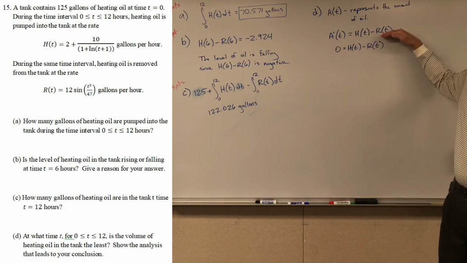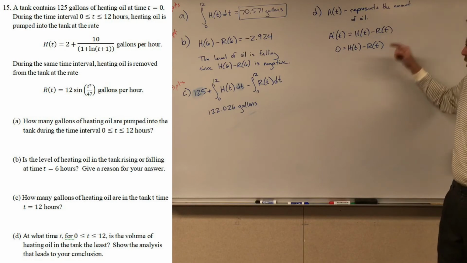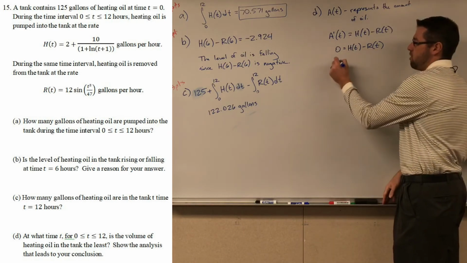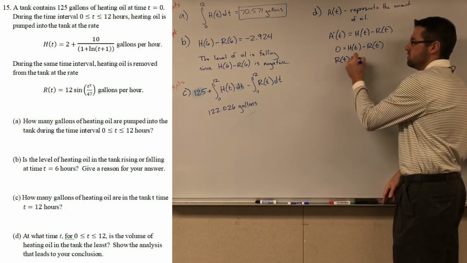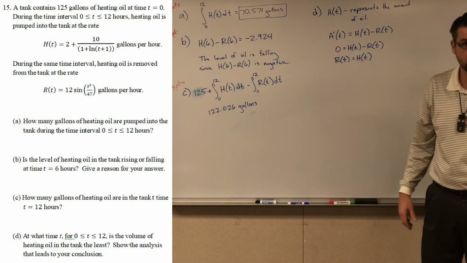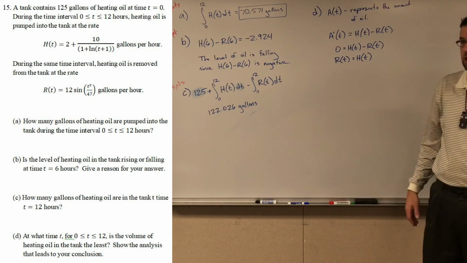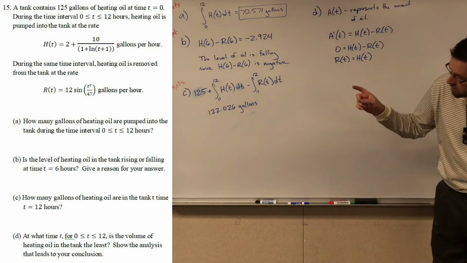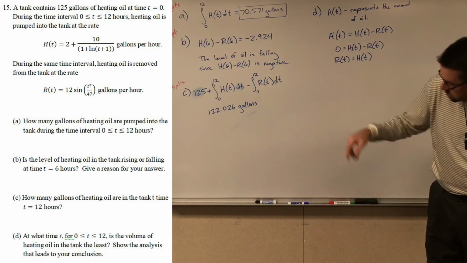And then you would look for the zeros. Or if you're going to solve it this way, you would add r of t to both sides. So you're looking for when r of t equals h of t, which means you're finding the intersection of those two equations, right? And only over the interval 0 to 12 in this case.